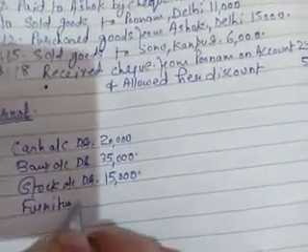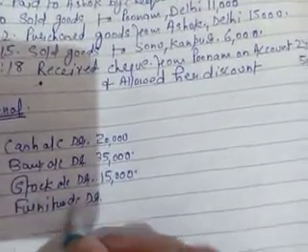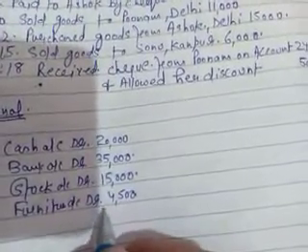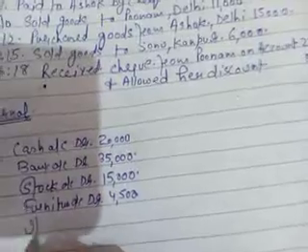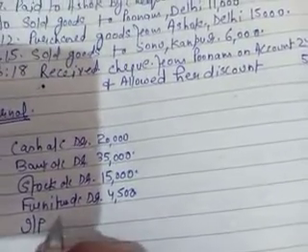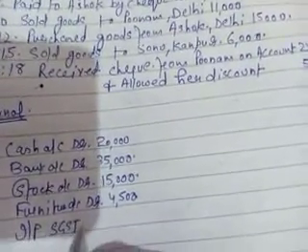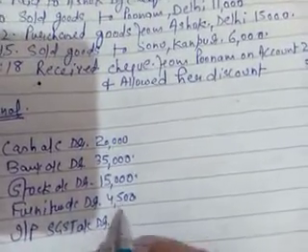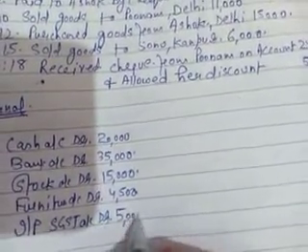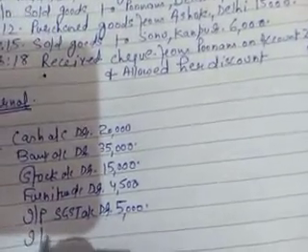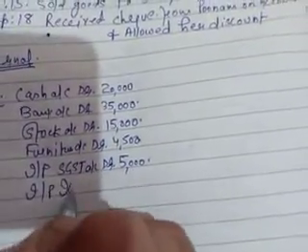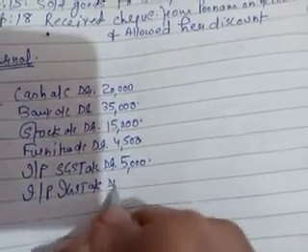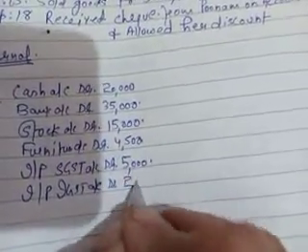Furniture account debit 4,500. Input SGST account debit, input SGST was 5,000. Then input IGST account debit, input IGST is 2,000.